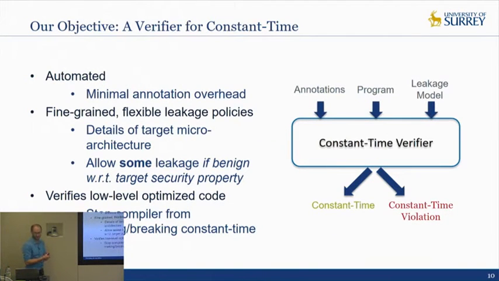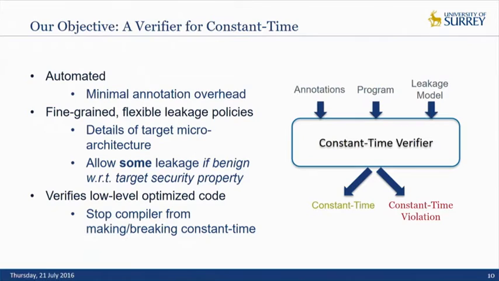So our objective, given all of that, is to verify constant time automatically. By automatically, we mean with minimal annotations, and then the rest is done by a tool automatically. We want a fine-grained, flexible leakage policy that could allow us to look at details of target microarchitectures.